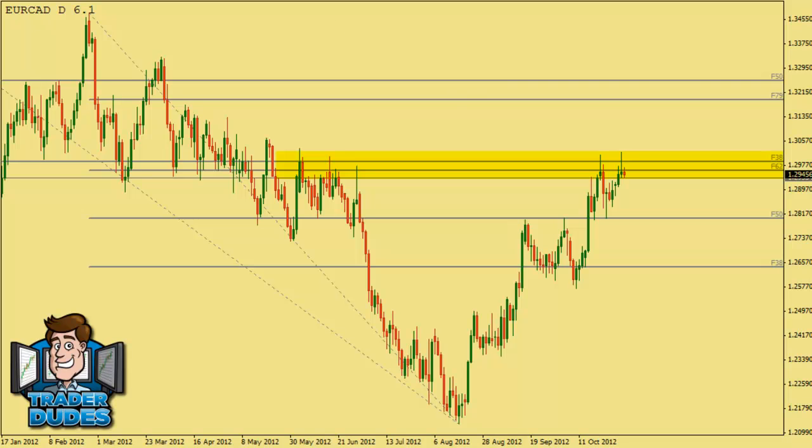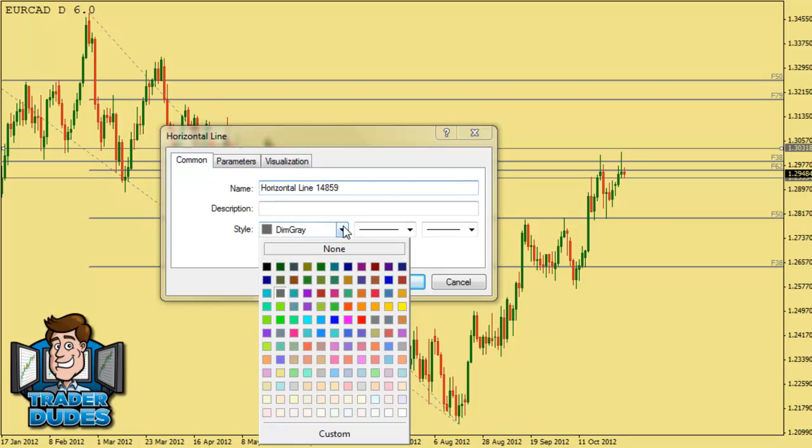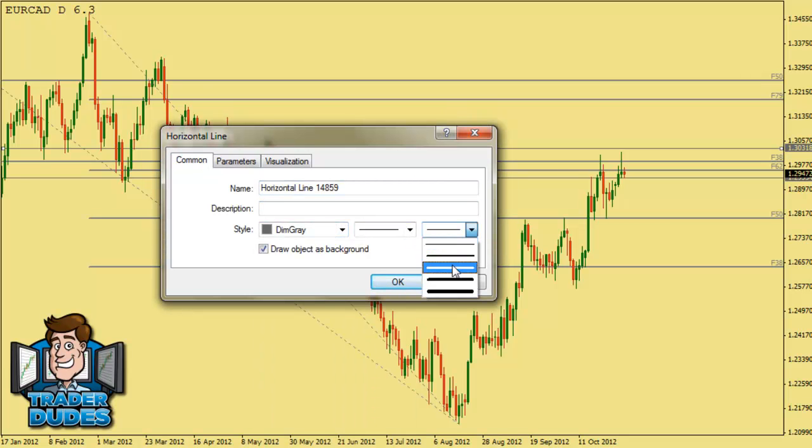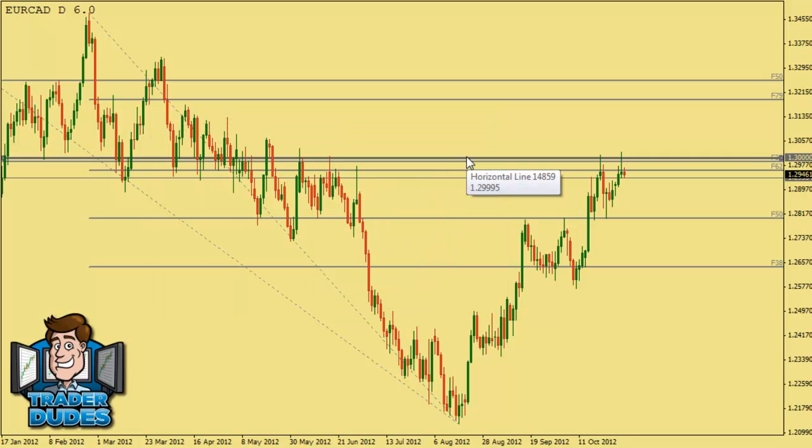Now, if we draw another line here, I'll highlight this one. I'll make this one a bit thicker so you can see this. And we do 1.3 exactly. There, you can see that right there.